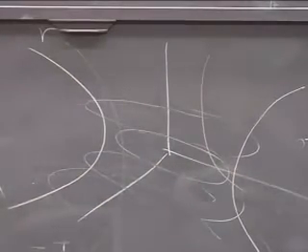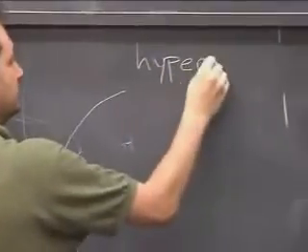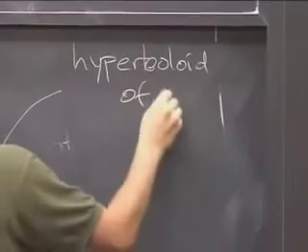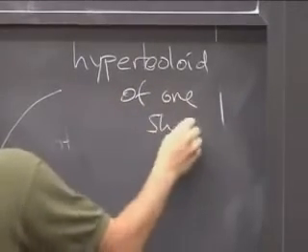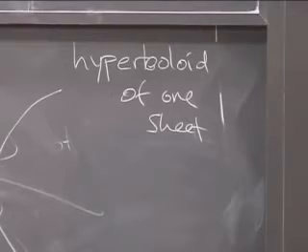Also, in the yz plane. So this is called a hyperboloid of one sheet. And I will soon show you the connection between this and the cone. But first, I want to consider the situation where it's equal to negative 1.